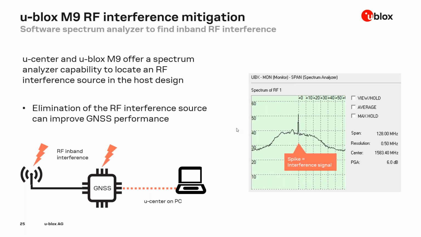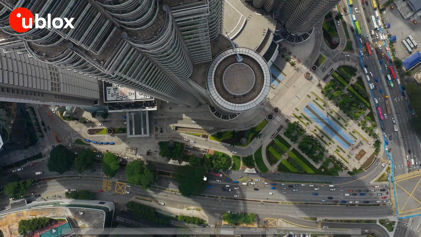And with this software, we can later have a look if there is RF interference present. And now we prepared a video for you, and I will just comment the video while the video is running. Okay, Marlena, can you start the video, please?